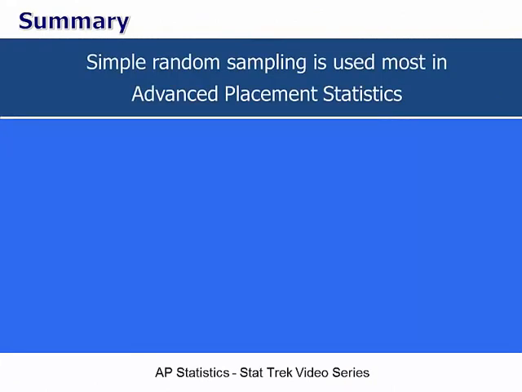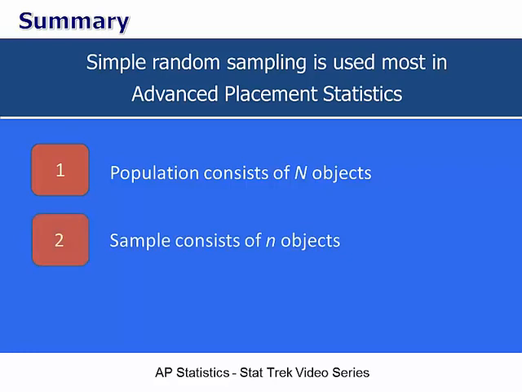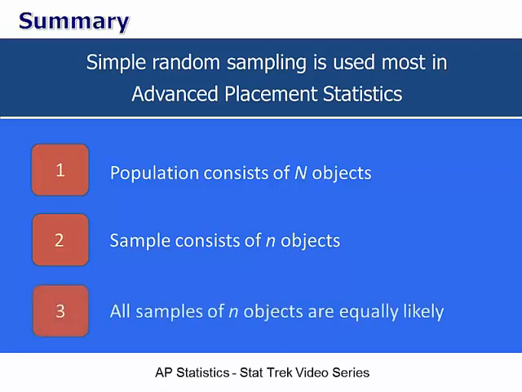The method used most in advanced placement statistics is simple random sampling. Simple random sampling has 3 properties. The population consists of N objects, where N is uppercase. The sample consists of n objects, where n is lowercase. And all possible samples of n objects are equally likely to occur.